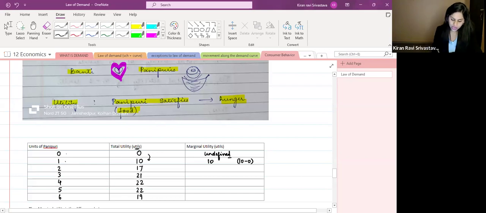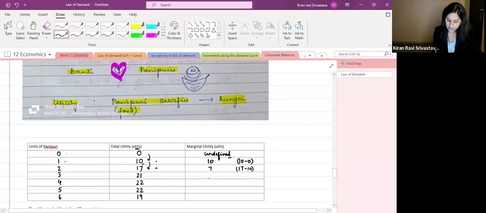Then see what the change is. From the first pani puri, he consumes the second pani puri. The additional utility he has got is 17 minus 10. He had already got 10 level satisfaction, now he has got 17, so the additional is 7.